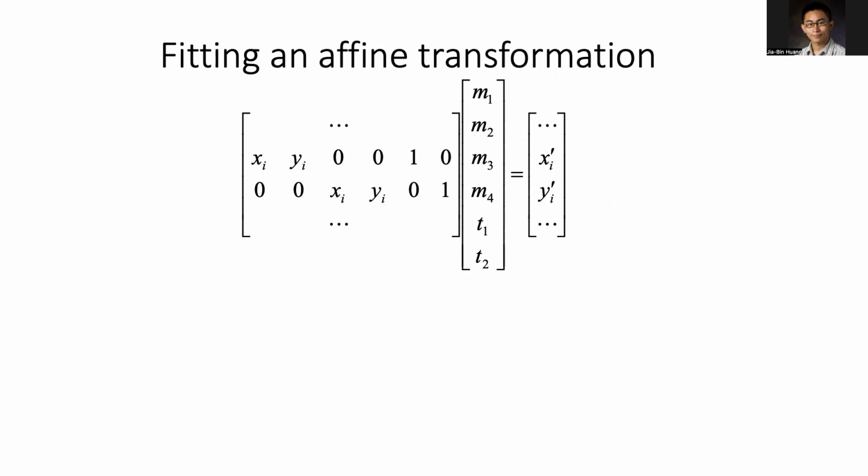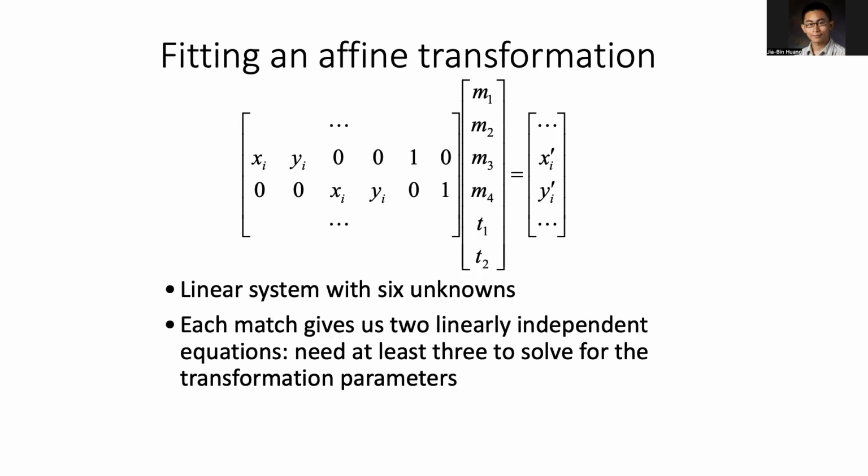Every point pair gives you 2 equations, which means that you need 3 correspondence pairs to solve for this. It looks like this: you have 3 points, and you can figure out the transformation between them. And in homework 3, you are doing this for 4 points.